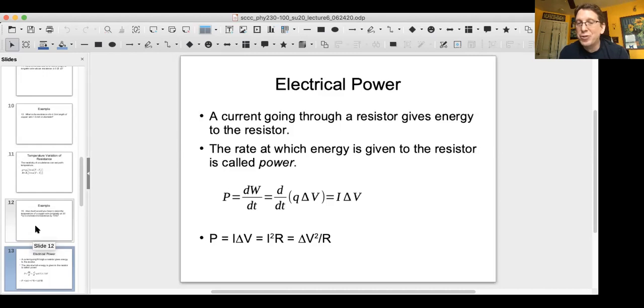And you can write that three ways, because again, from Ohm's law, delta V is equal to I times R. So the power is equal to I delta V, but if you substitute IR for delta V, you get I squared times R. And if you substitute delta V over R for I, you also get delta V squared divided by R. So you can write the power in three different ways. It's similar to the energy stored in a capacitor, that there are three equivalent ways of writing that equation, depending on which two variables you know.